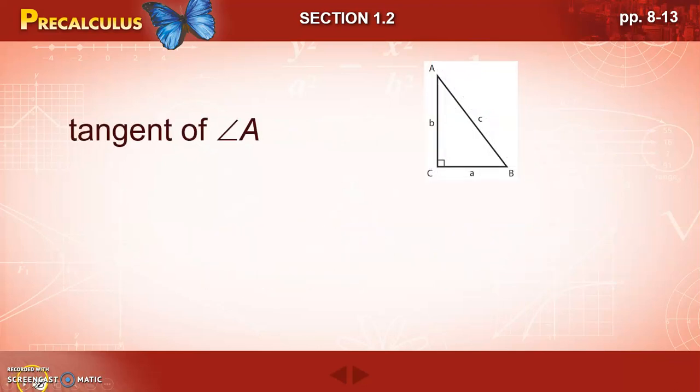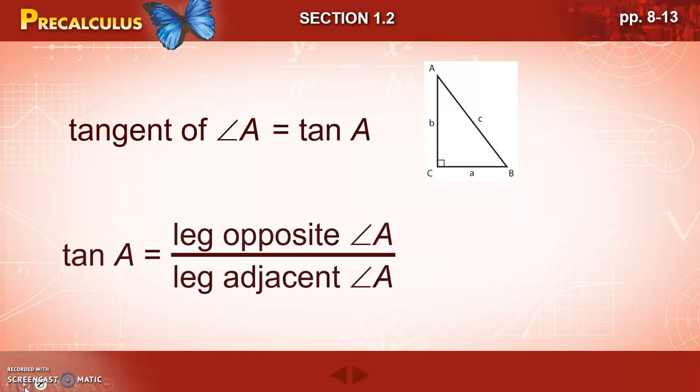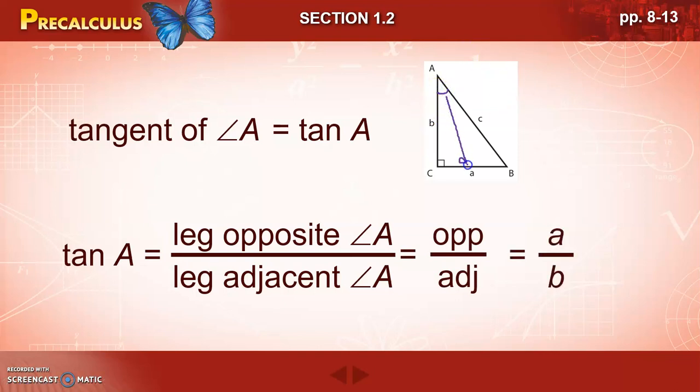And that brings us to the third of the 3 most important trig ratios, and that is tangent. If we were wanting to find the tangent of an angle, we take the leg opposite over the leg adjacent. Opposite over adjacent, which in this case, the leg opposite of angle A is side a, and the leg adjacent to angle A is side b.